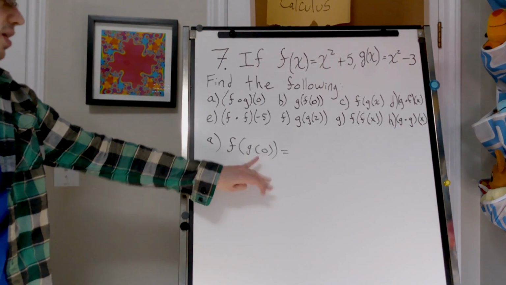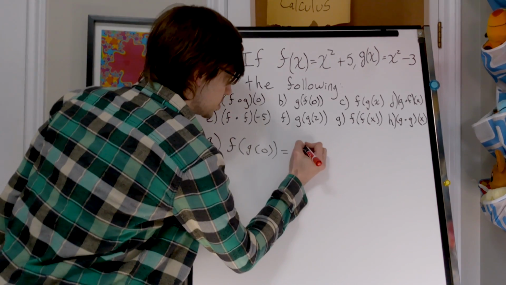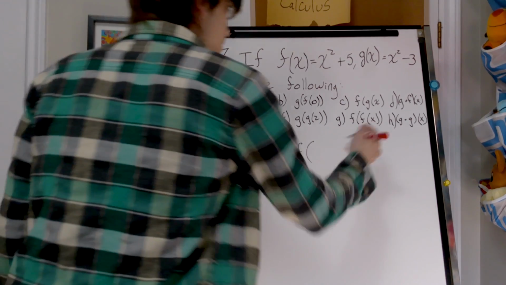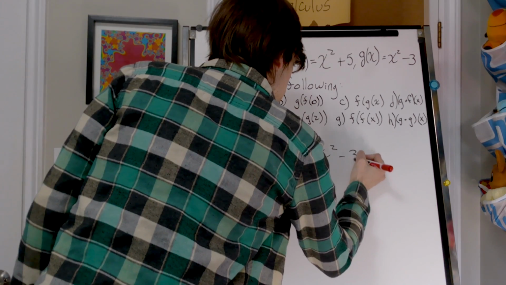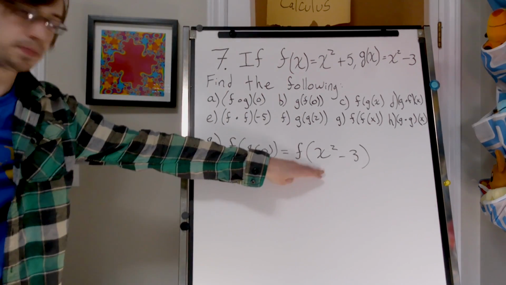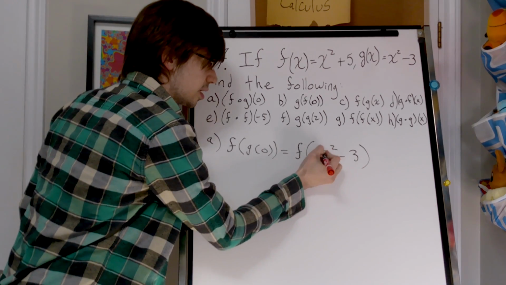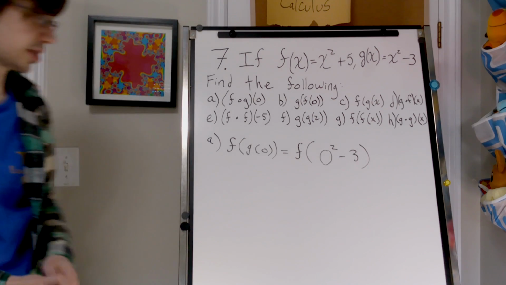So we want to plug 0 in for g. So let's actually just write out what g is inside of f. So this is g, but we are replacing the x with a 0. 0 squared minus 3.